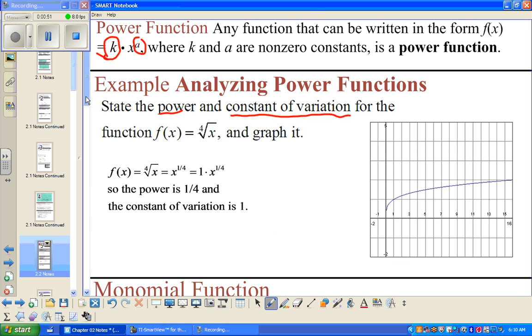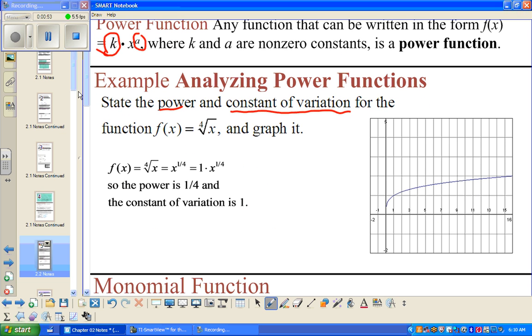So you're going to have to be able to graph power functions and know about what each graph looks like according to the constant of variation and the power. The different powers will show a different looking graph, so you're going to have to experiment with the different types of powers you can have. Obviously there's positive and negative, but besides positive and negative powers, focus on fractions or improper fractions.